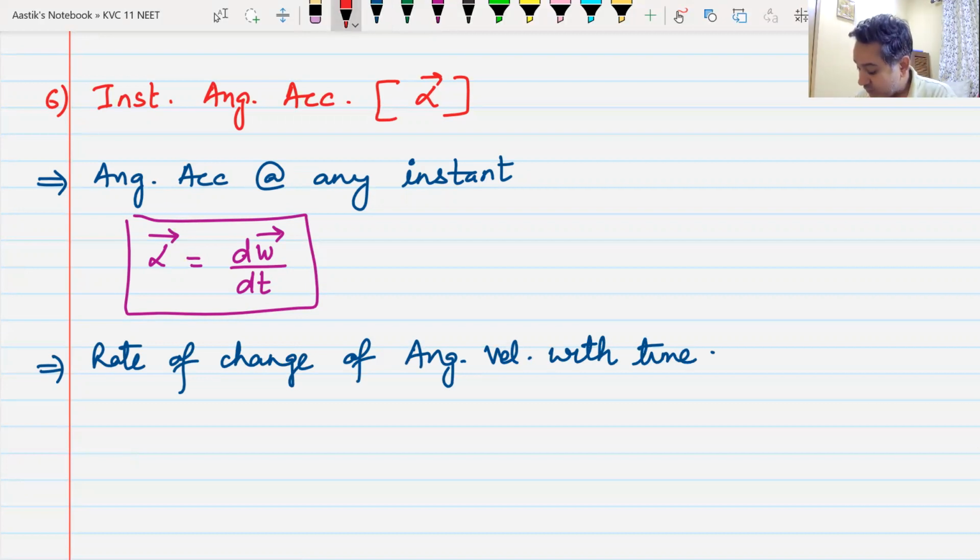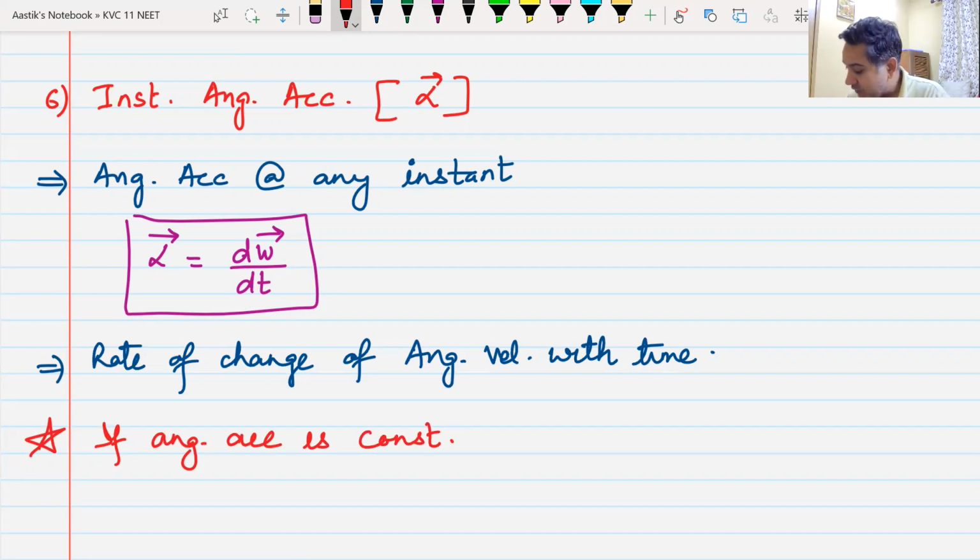An important note that you must remember: if angular acceleration is constant, then your average angular acceleration will become equal to instantaneous angular acceleration.